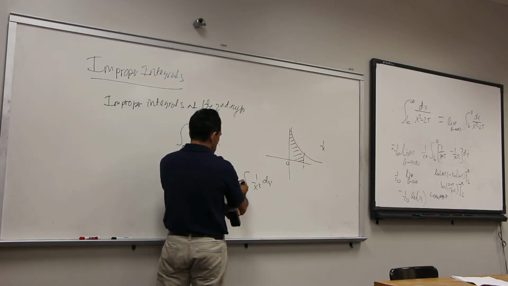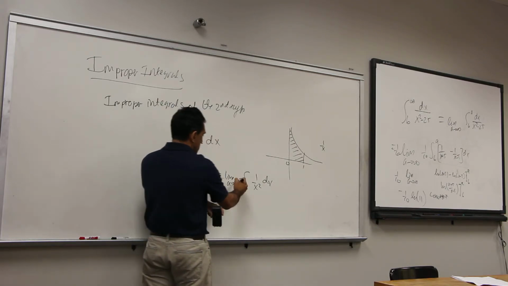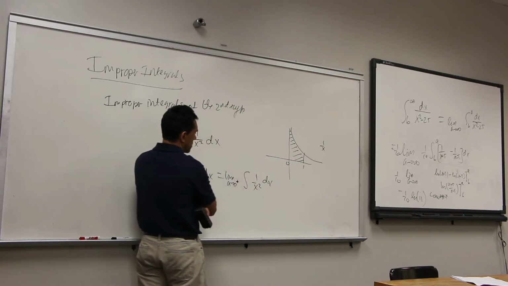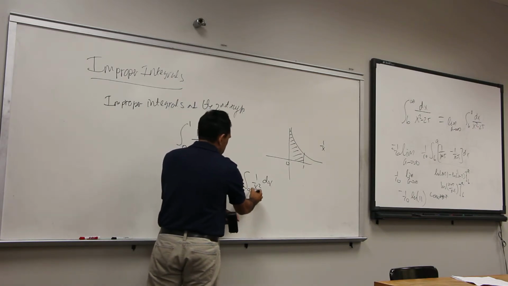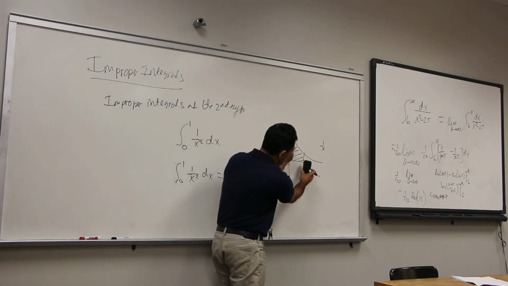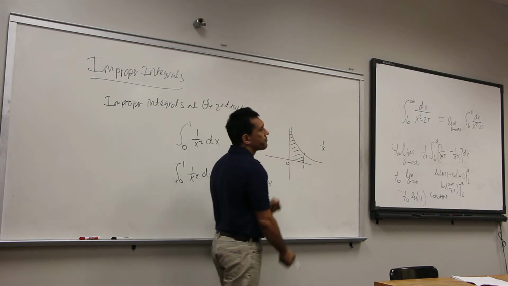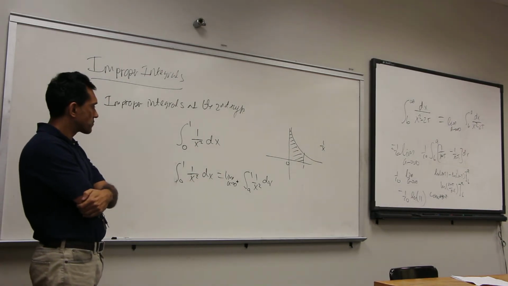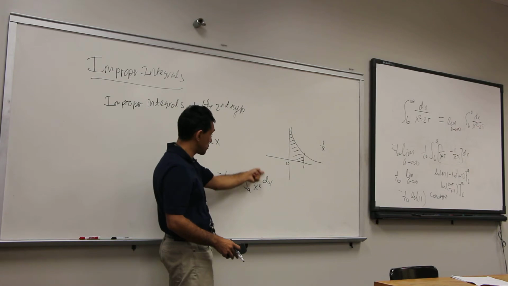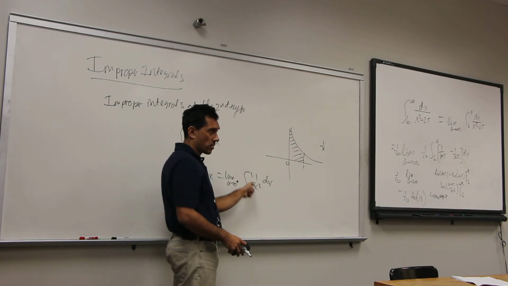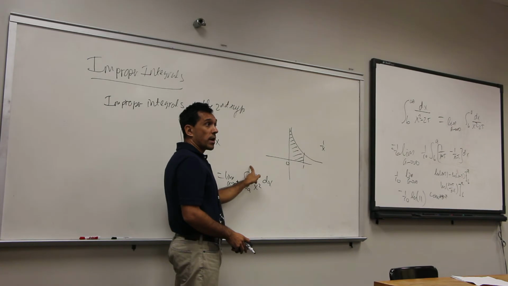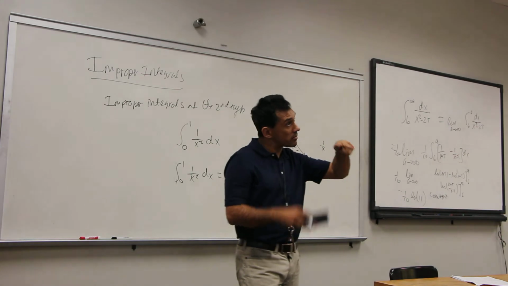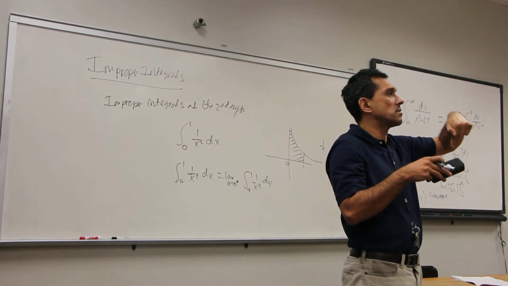Limit as a approaches 0 from the right of the integral from a to 1. So now I have to work out this antiderivative, evaluated at 1, evaluated at a, obtain a function of a. On that function, let a approach 0 from the right.